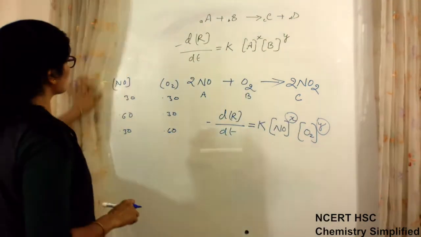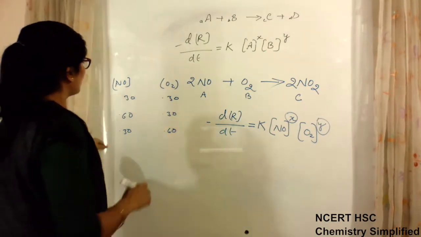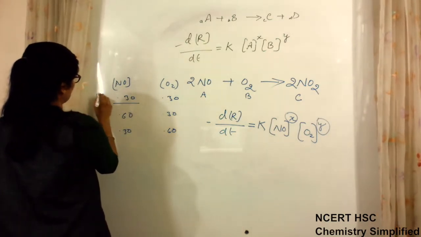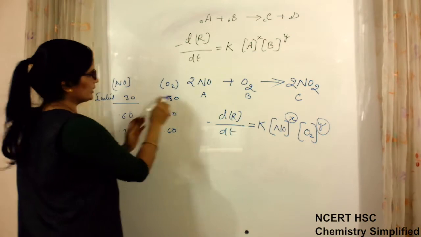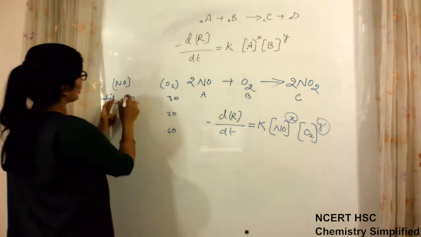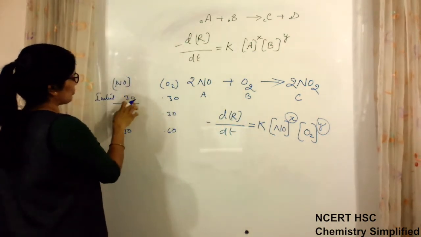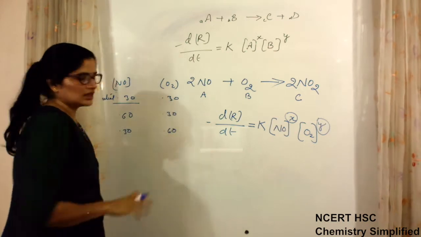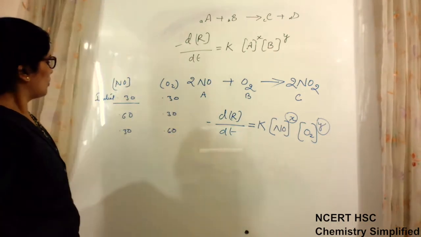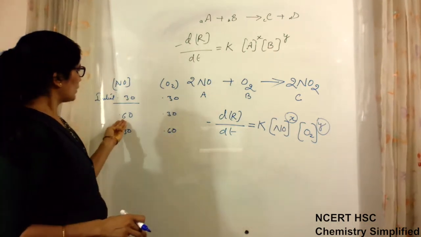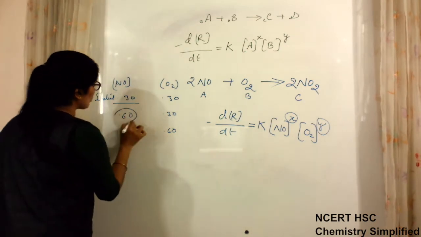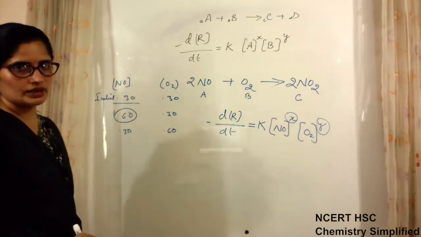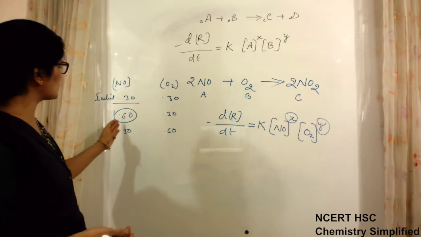Now according to this, what has happened? See that initially, when we have written the reaction, concentration of NO is 0.30, O2 is 0.30, in moles per liter.